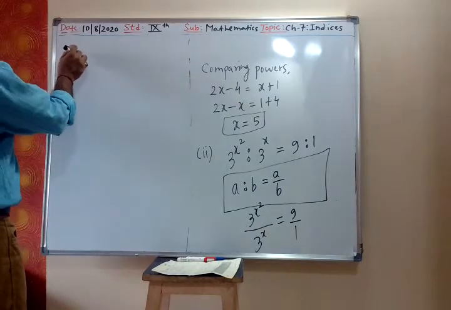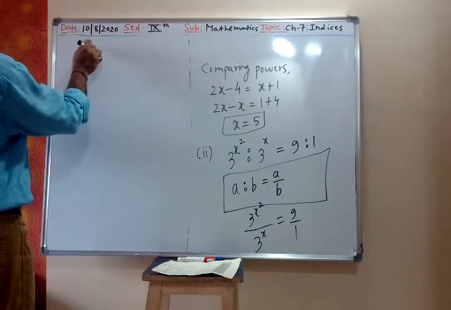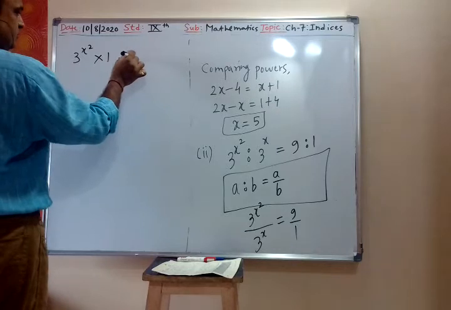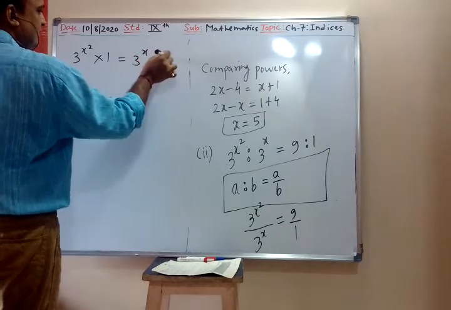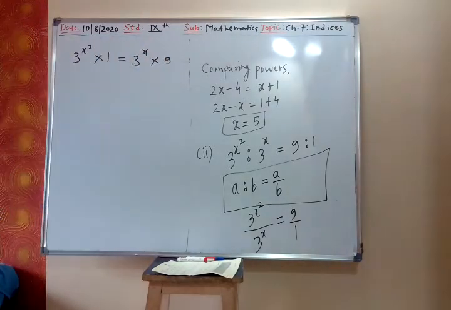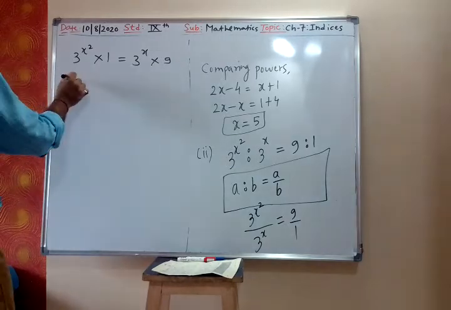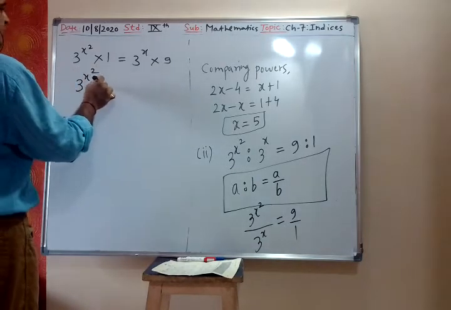So 3 raised to x square into 1 is equal to 3 raised to x into 9.